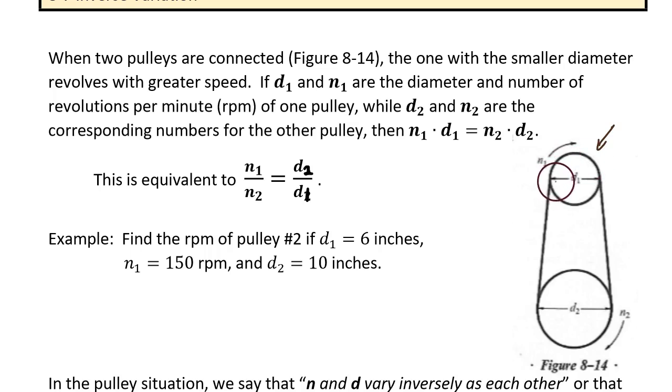If D1 and N1 are the diameter and the revolutions per minute of this top pulley, then the variables D2 and N2 can represent the diameter and revolutions per minute of that second pulley. In this situation, this relationship is true.